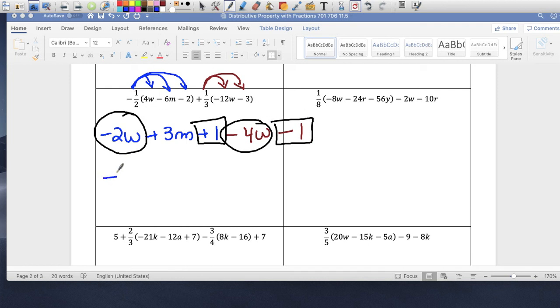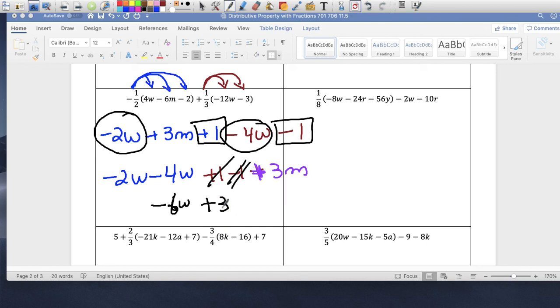Please rewrite it, so we get negative 2w minus 4w, plus 1 minus 1, and the plus 3m in the back, because that does nothing. Alright, so what do we get? Negative 2w minus 4w is negative 6w. 1 plus negative 1 becomes 0, so I don't even have to write that, and then I'll just copy plus 3m.